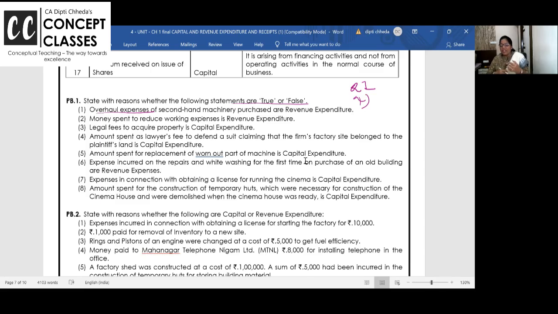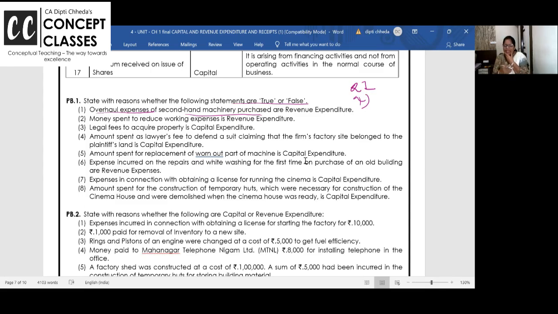Overhauling is, when you get machinery, that too second-hand machinery, like when we take a second-hand car, first time we do oiling, fueling, denting, painting. We make it look like new. So you have purchased second-hand machinery, and the first time you have incurred overhauling expense to bring the machinery into use. Is this a capital expenditure or revenue? You all need to participate. This is the first problem.